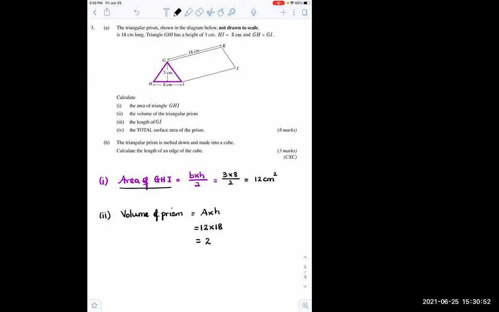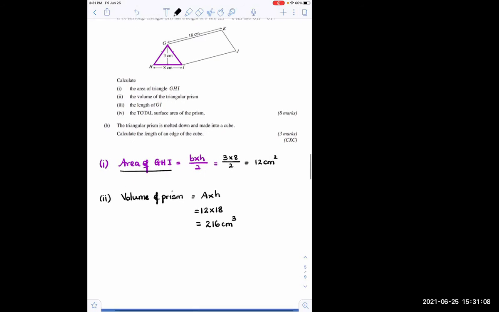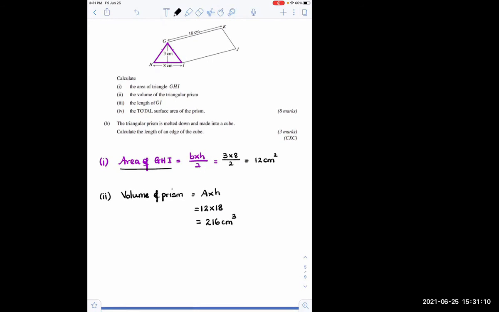216 centimeters. Centimeters? Squared? No, cubed. This one, volume is in centimeters cubed, right? Yes. Are we okay so far? Miss, I'll lose marks. Well, that is part of the answer.